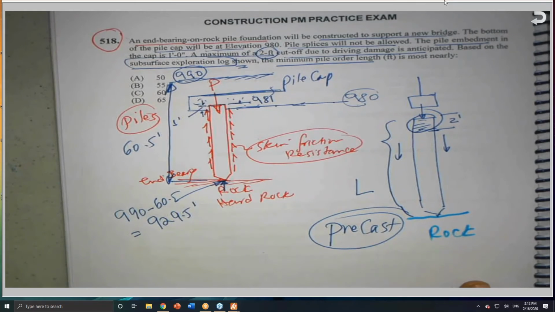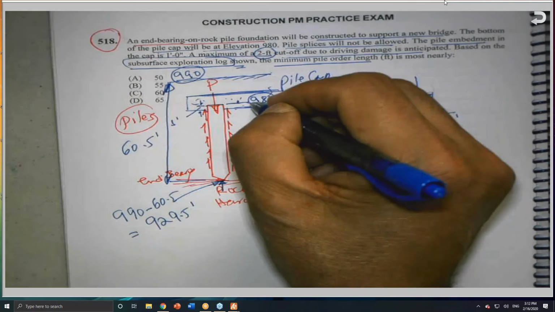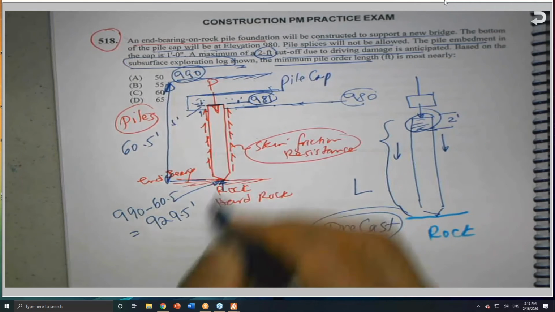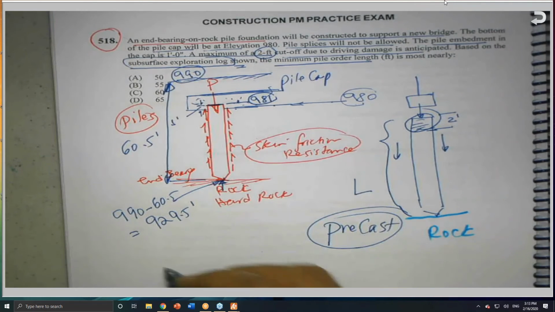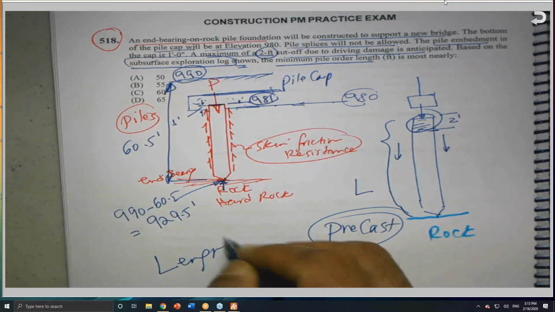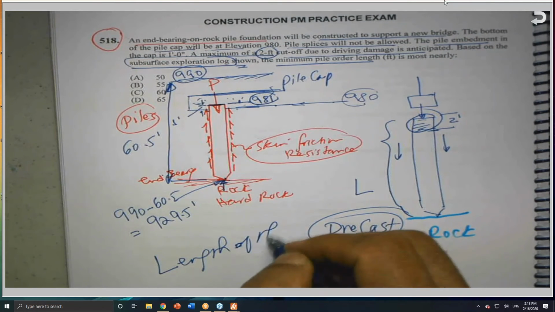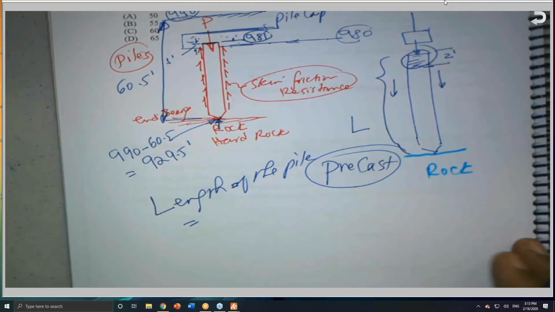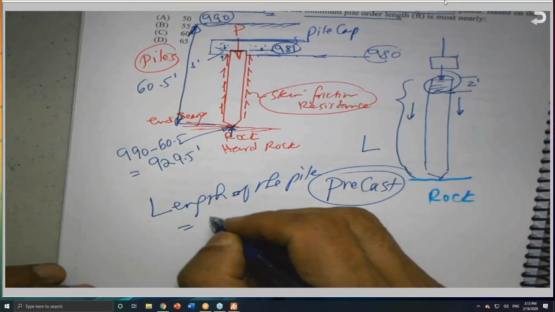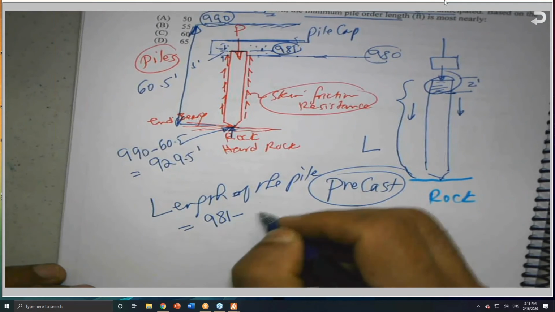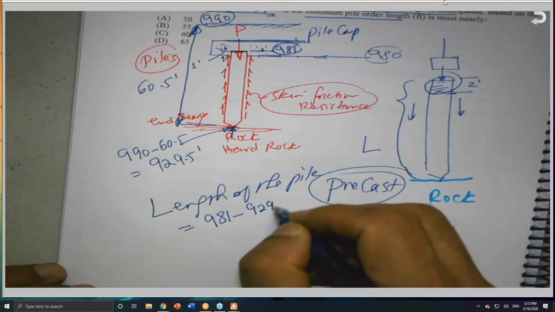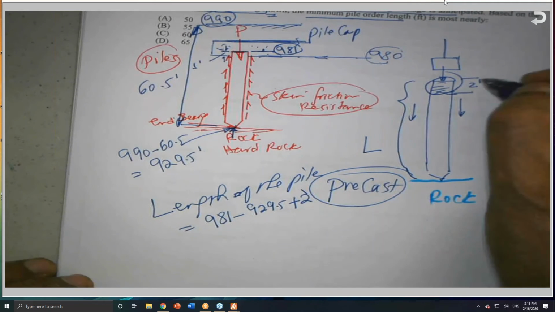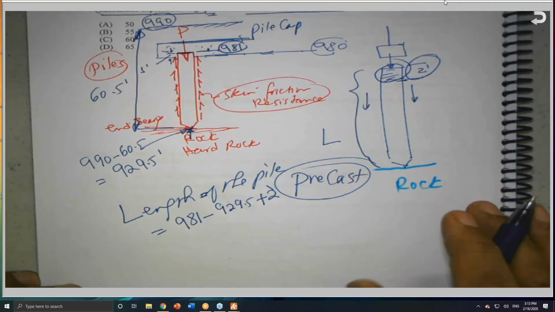Are you following me? Now I know the elevation at the top of the pile in the pile cap, and the elevation at the rock, so I need the length of the pile. This is one way, you can do it more than one way: L equals 981 minus 929.5 plus 2. What's the 2? 2 feet that will be damaged.